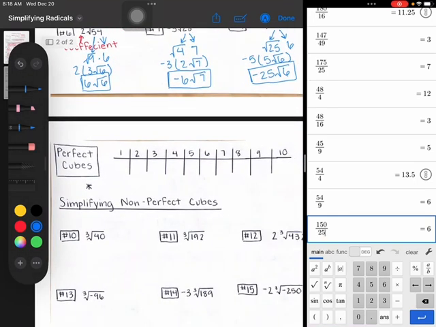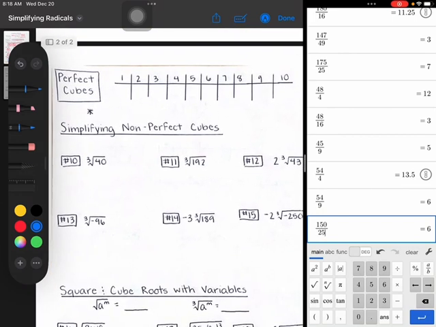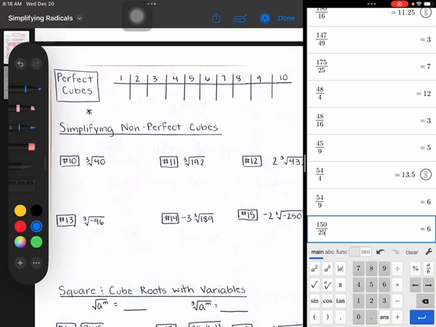And the nice thing is that simplifying non-perfect cubes is exactly the same, except we have to use our cube numbers. So let's write ourselves a note that this is the same process as simplifying square roots.